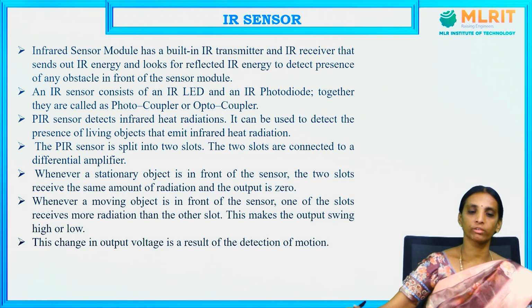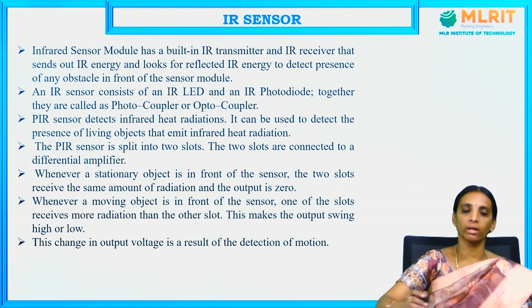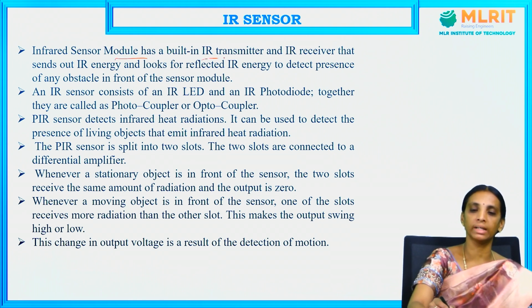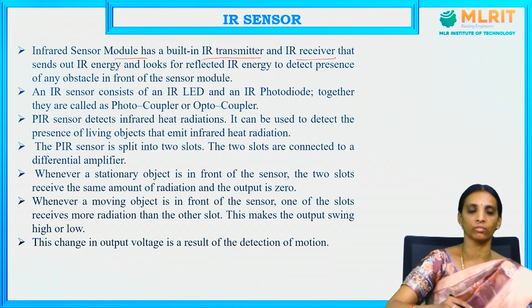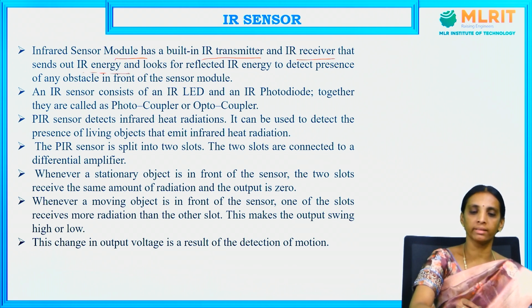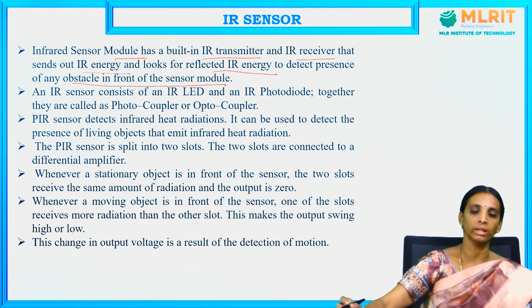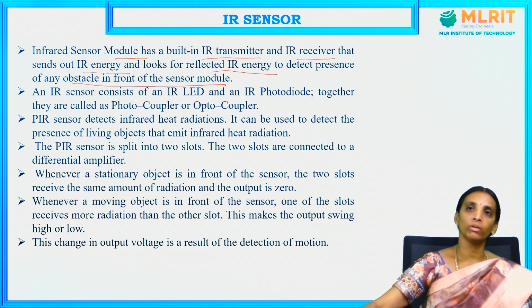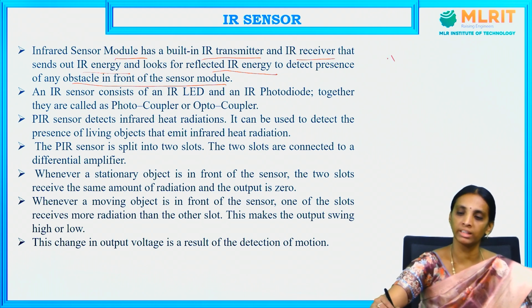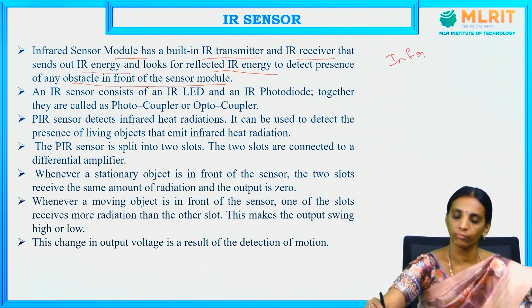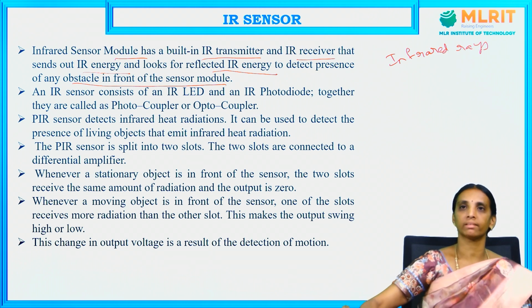Now the first one is the IR sensor. The IR sensor module has a built-in IR transmitter and IR receiver that sends out IR energy and looks for reflected IR energy to detect the presence of any obstacle in front of the sensor module. Basically, what is the purpose of the IR sensor? It is an infrared ray detecting sensor.